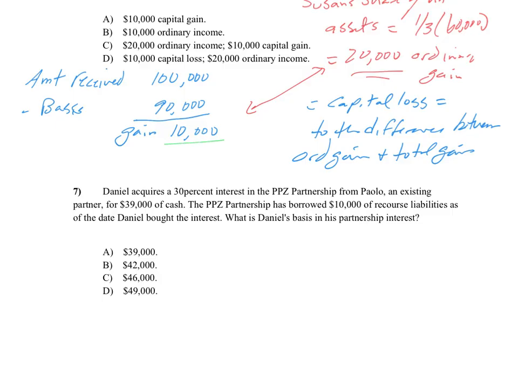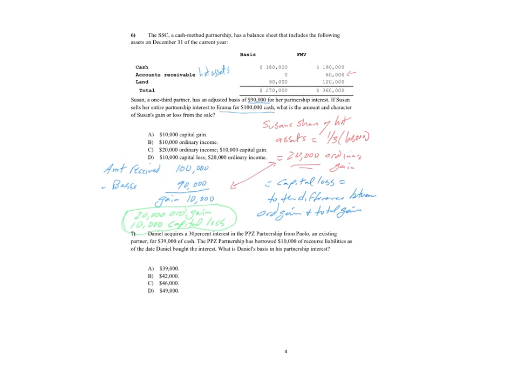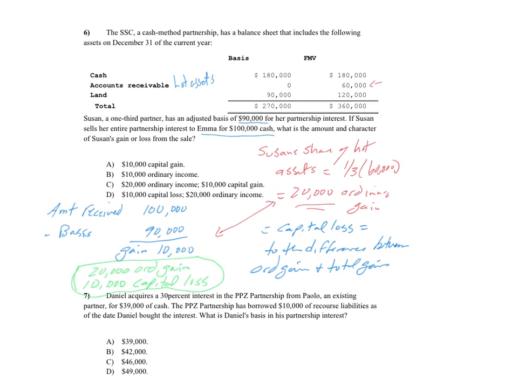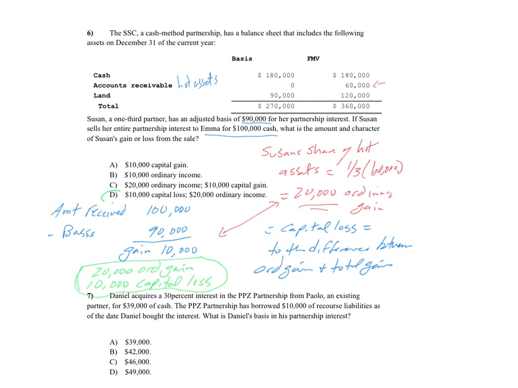Her total situation is a $20,000 ordinary gain and a $10,000 capital loss, in order to come up with a total gain of $10,000. So from a multiple choice perspective, the answer is D. So that's number 6.